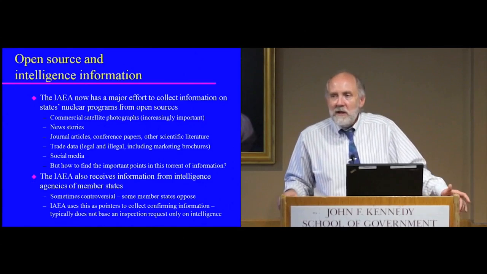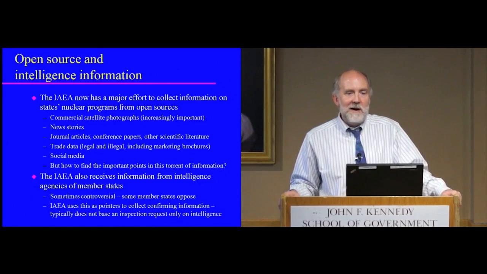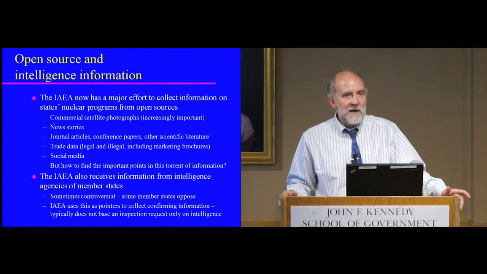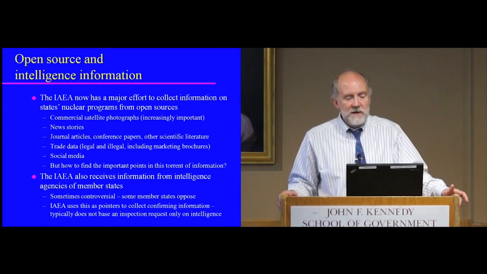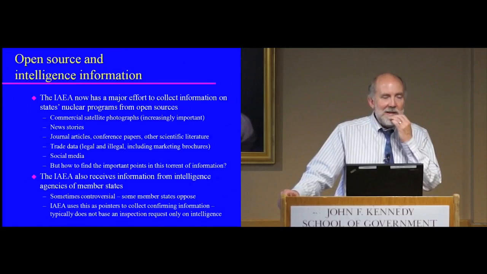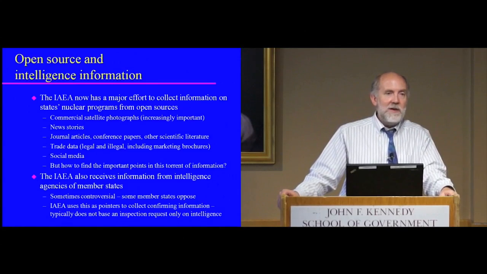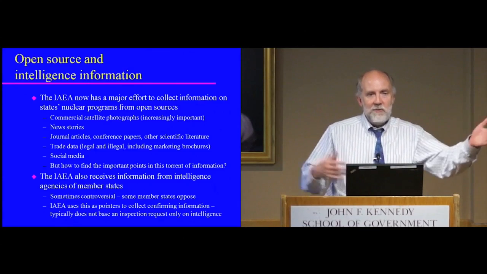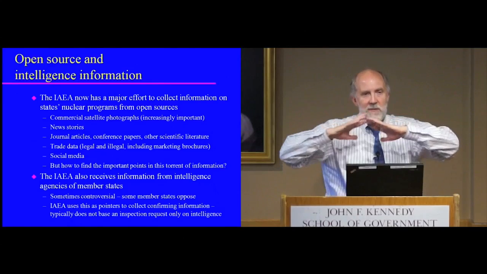So one key source of information that they use now is open source information. There are lots of different kinds: commercial satellite photographs, news stories, journal articles, conference papers, trade data. They get now, through the additional protocol, information about imports and exports. They can try to match those up.